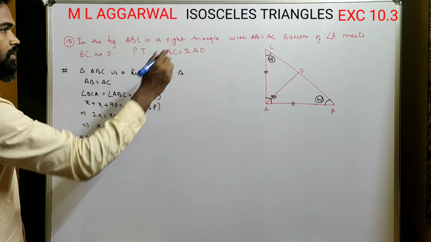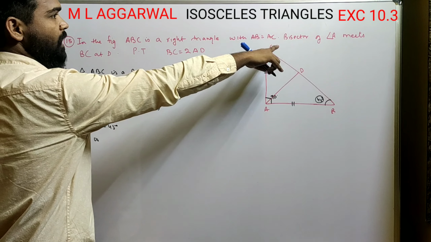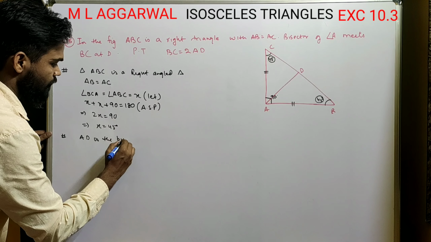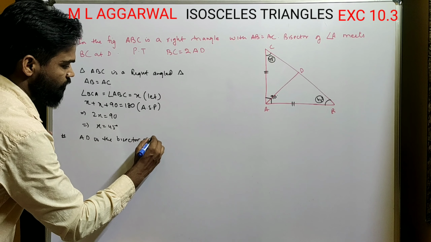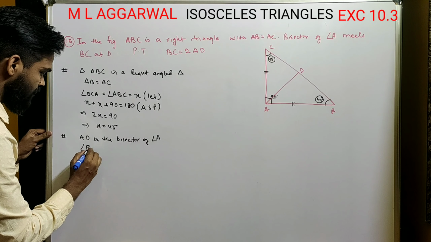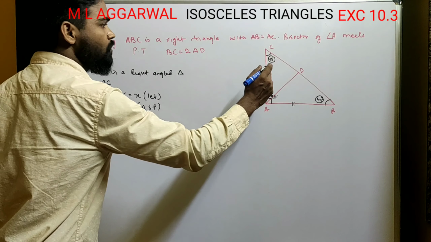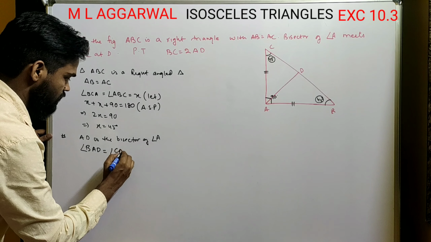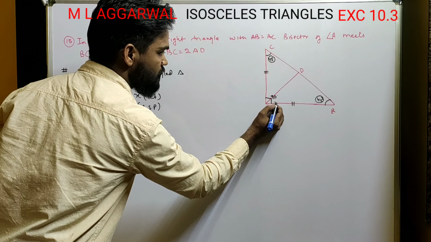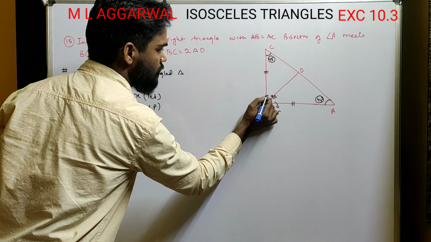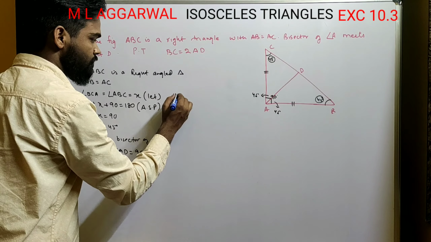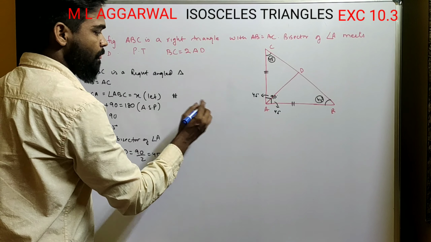Bisector of A meets BC at D, which means AD is the bisector of angle A, which means angle BAD will be equal to CAD, will be equal to 90 by 2, that's 45 degrees, which means this is 45 degrees and this is also 45 degrees each. Clear?